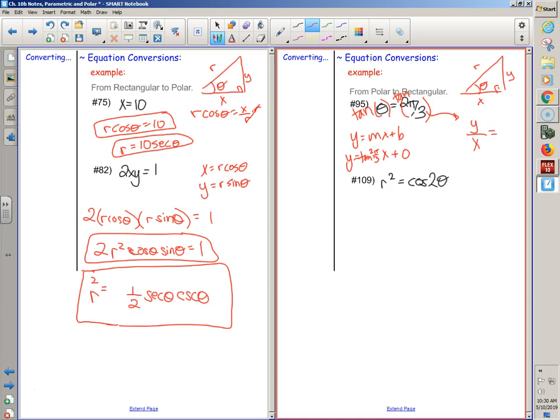Tangent is negative square root of 3 in the second quadrant, so if you plug that in, y equals negative root 3 times x. One's with a picture, one's with, I know tangent. Take tangent of both sides and then plug in.